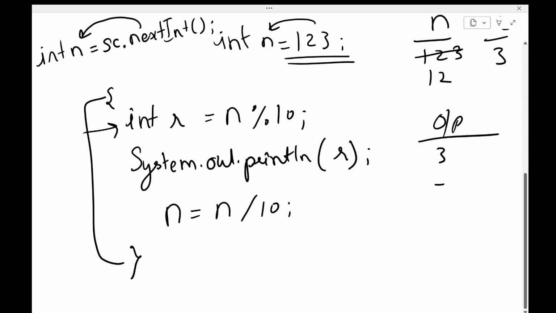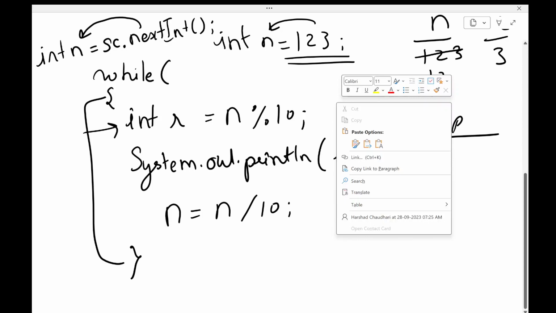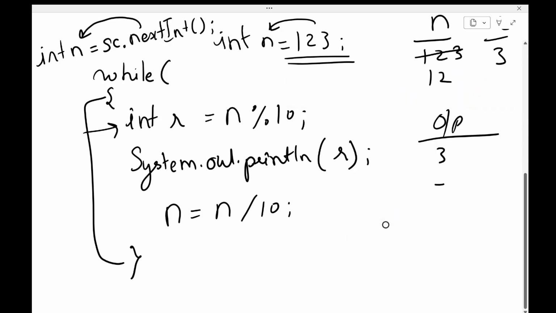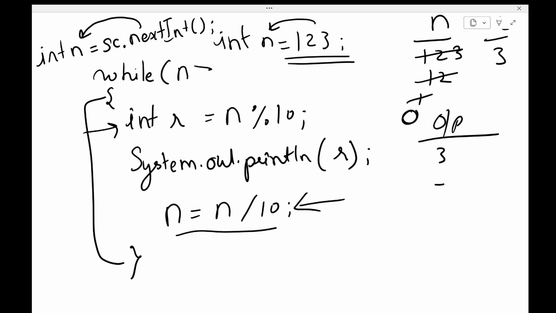So what we are going to do over here is, I'll repeat this. I'll tell the computer while bracket open, now this number, if you see here, it keeps on reducing. That means as long as I keep repeating this line, the number will become 1, then finally reach 0. Beyond this, it will not go. So what we can write over here is n, as long as it is more than 0, you keep repeating this task.